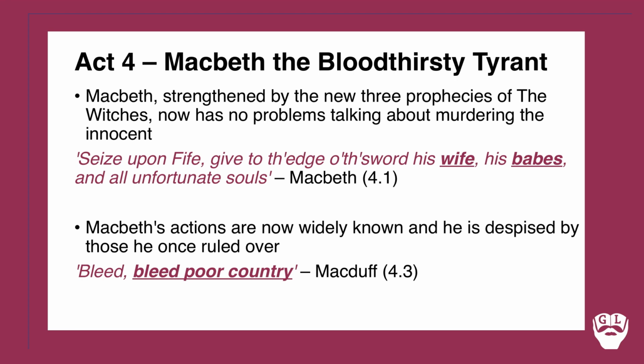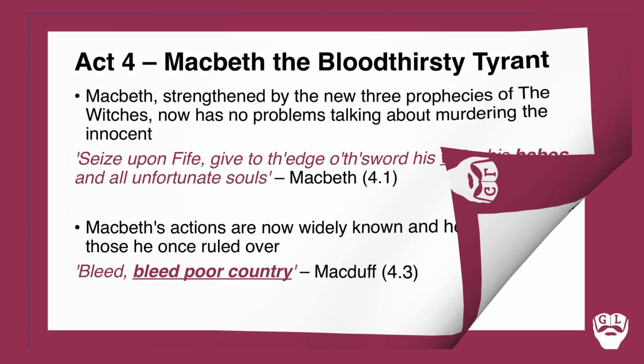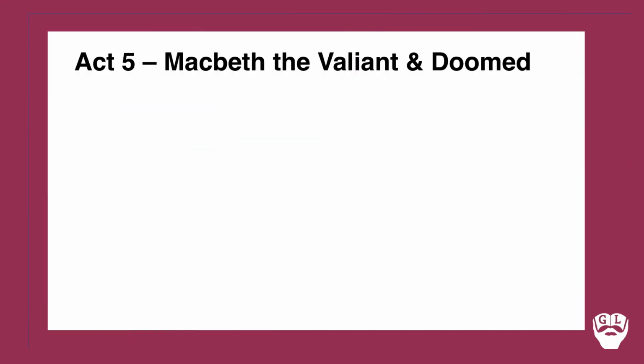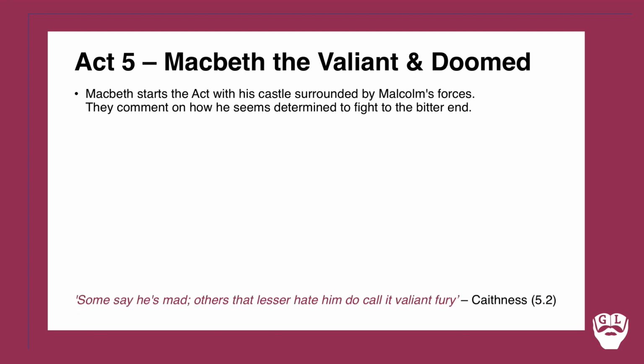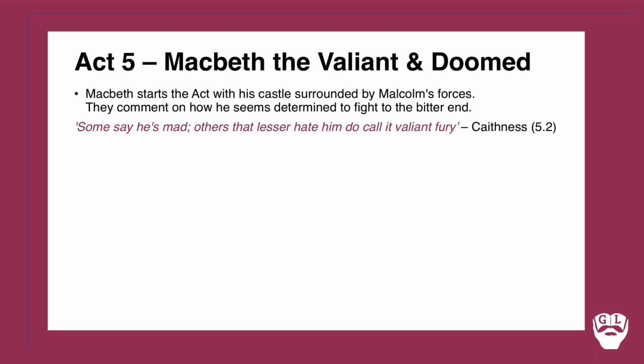Now, as we reach into the final act of the play, Macbeth comes across as both valiant and doomed. For example, he starts the act surrounded by Malcolm's forces in his castle of Dunsinane. Some of Malcolm's allies comment on how he seems determined to fight to the bitter end. A minor character called Caithness mentions how some say he, Macbeth, is mad.